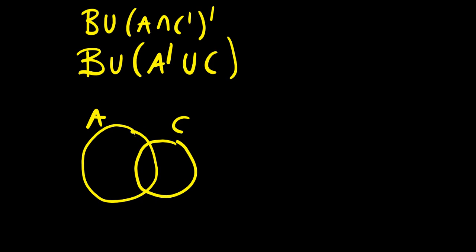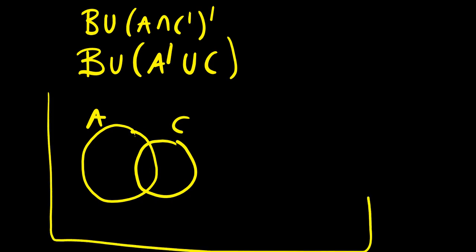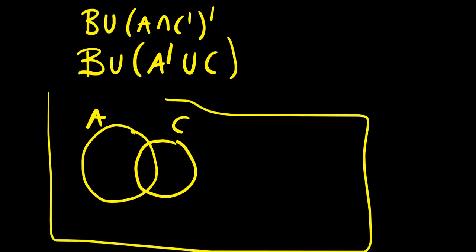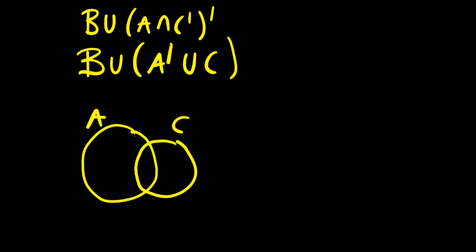So you have to first find what A complement union C is, because you don't know where B is going to fall. Allow me to draw it big because I don't know where B is. So let's say this is a Venn diagram.